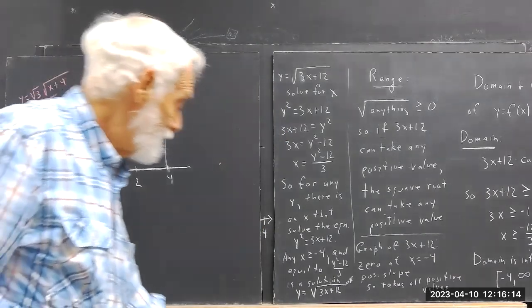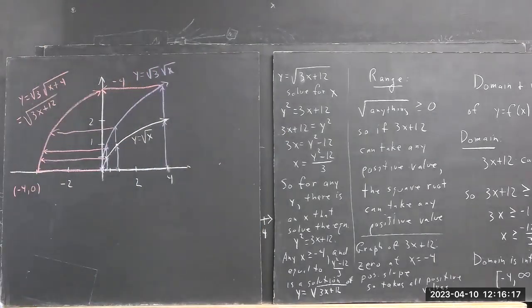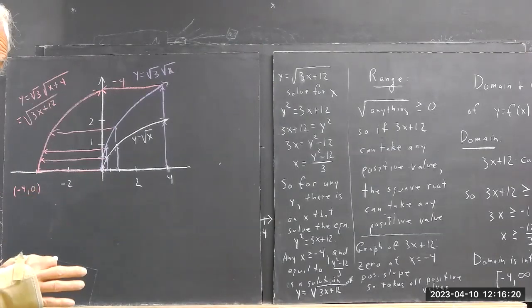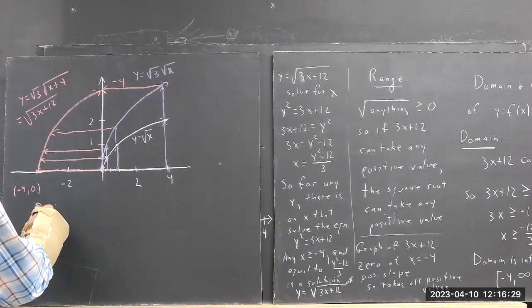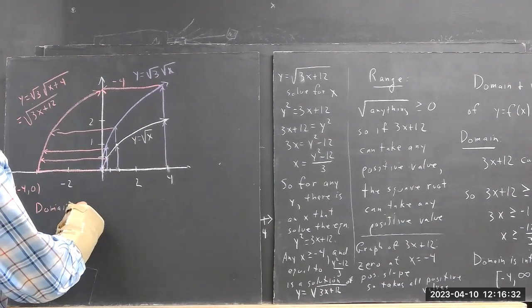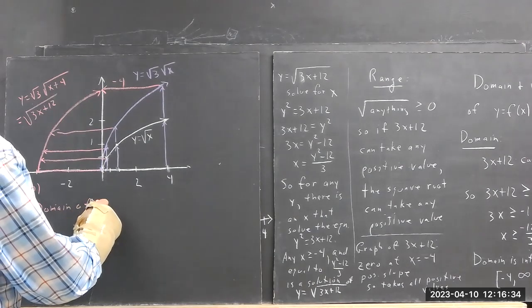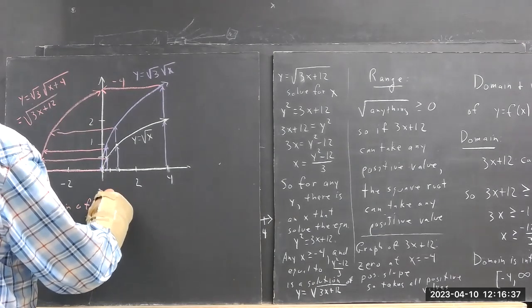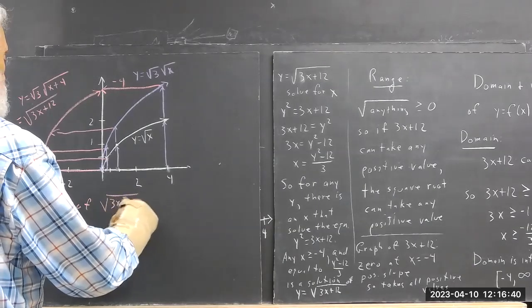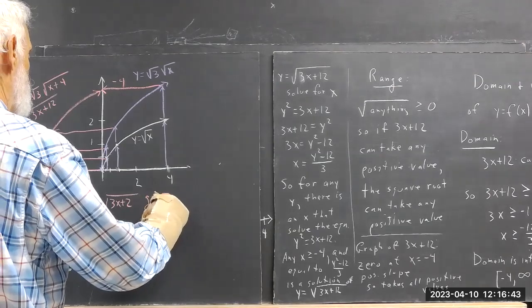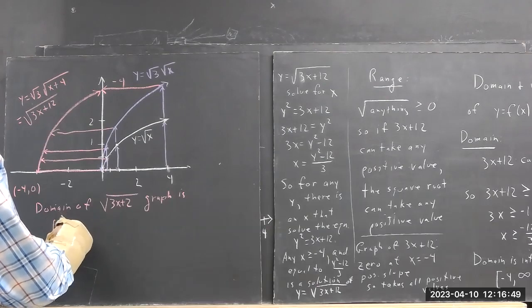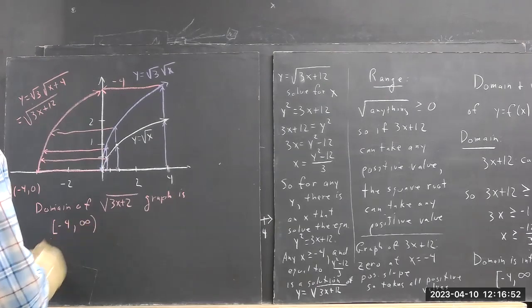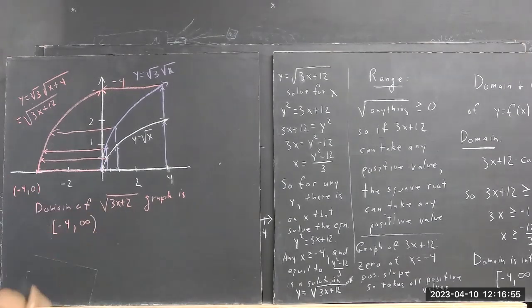I'll come back to what I was just saying. The graph's domain is -4 to infinity.